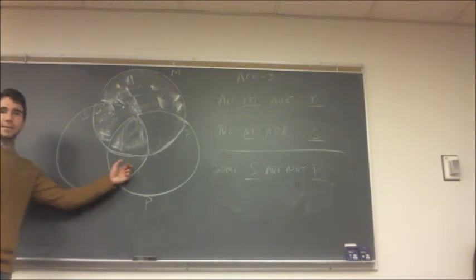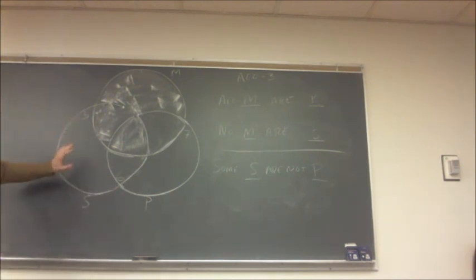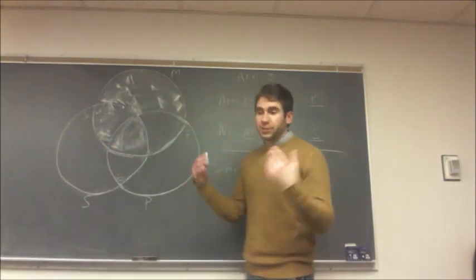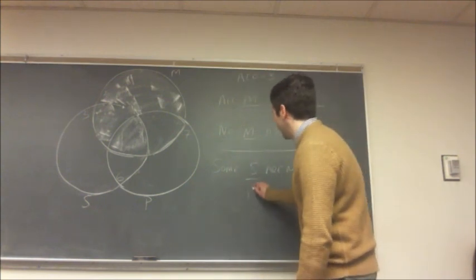It couldn't be in 6, because that's both an S and a P. And the only other part of the S circle that remains unshaded is 5. Since there's no X here, it turns out that this argument, AEO3, which is not the fourth one I asked you to do, is invalid.